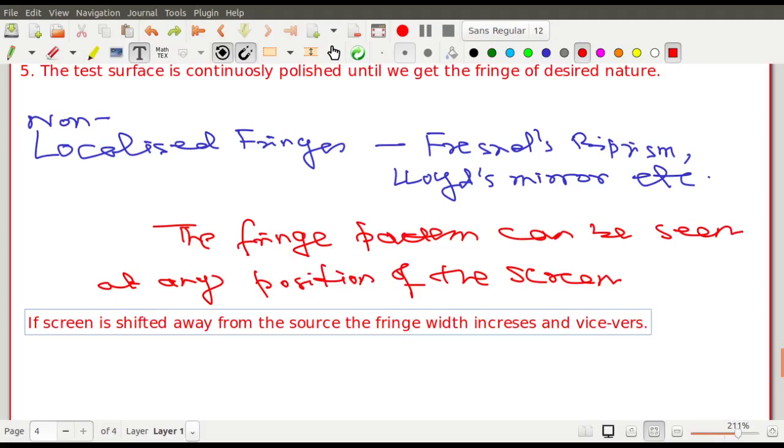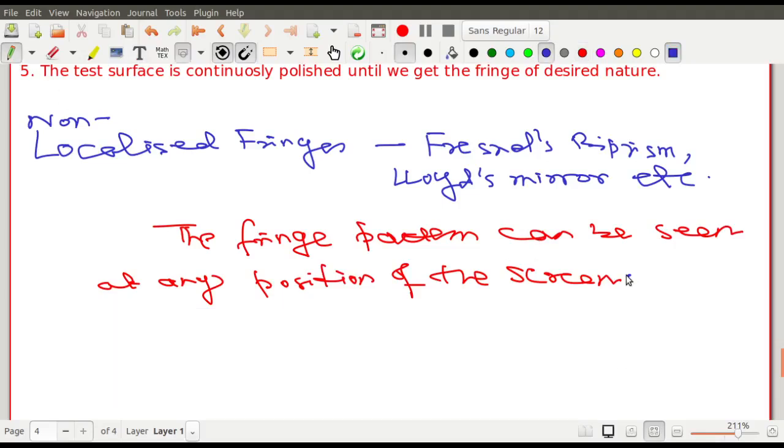That's it. Is that okay? If the screen is shifted away from the source, the fringe width increases and vice versa. But the fringes are not localized because you can obtain the fringe system for any position of the screen.